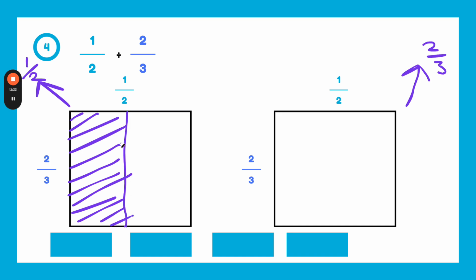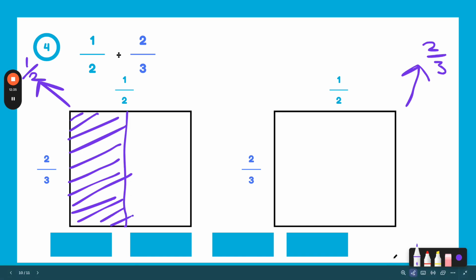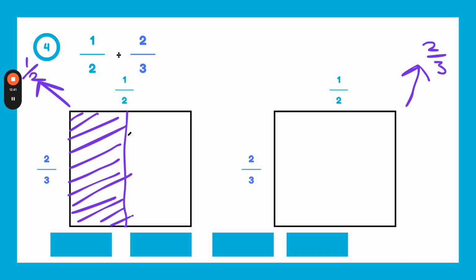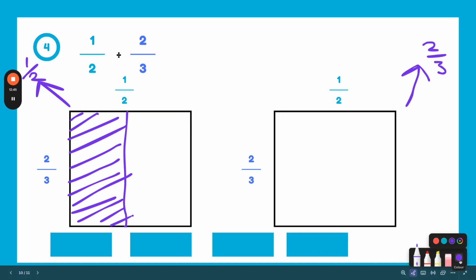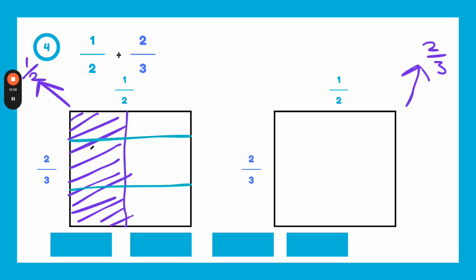So this is done vertically, and horizontally 2/3 would be splitting the square into 3 and finding how many pieces we get all together from splitting the square into 3. So we have 1, 2, and 3.